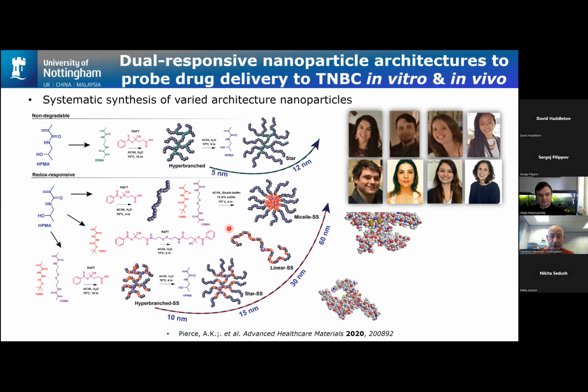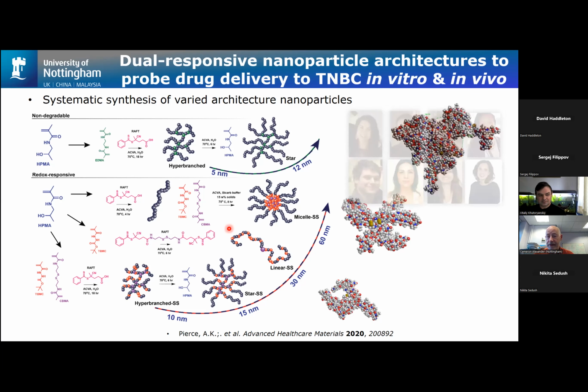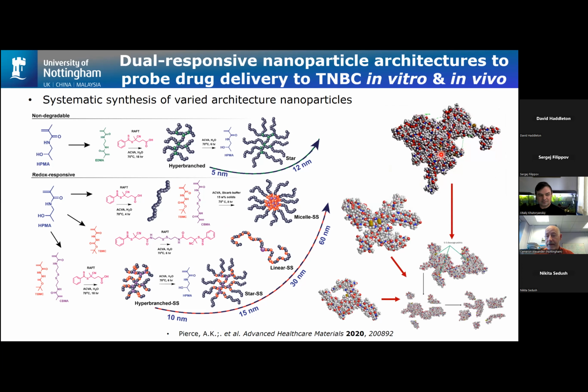So we had reducible, non-reducible, and so on. And the idea was that we'd make polymers of a certain architecture, and then over time they're designed to degrade into smaller fragments and release the drugs. So the idea is they don't accumulate in the body, and they release not only the drugs, but they also break down themselves. So we want to look at architecture and chemistry simultaneously.